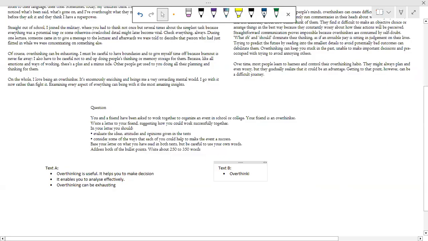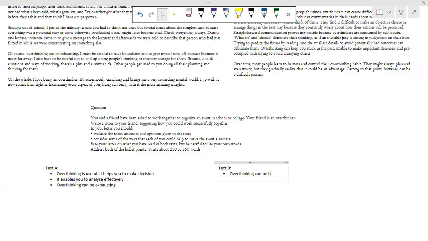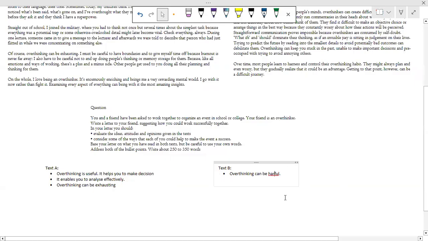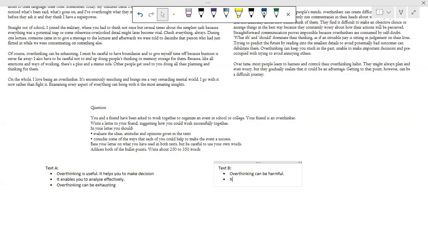So far, the first specific idea which is being mentioned is that overthinking can be harmful. The second idea which has been mentioned here is that if you keep on overthinking, that means you are stressing yourself, right? Or in simple words, you can say that overthinkers spend too much time thinking.